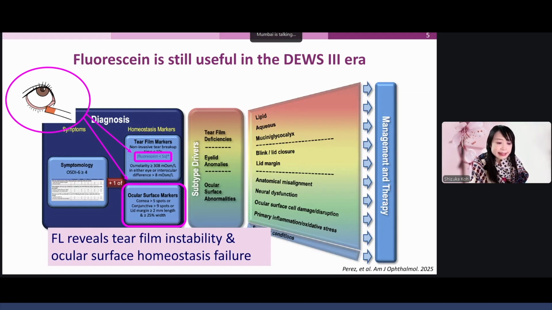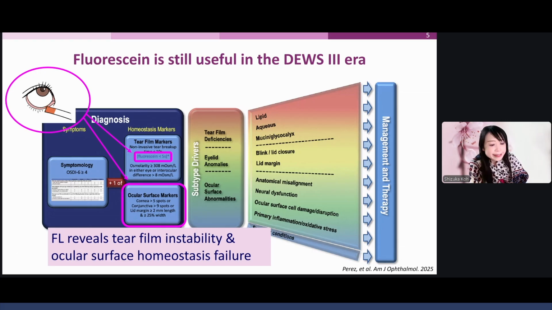Fluorescein staining is also included as an ocular surface marker. So fluorescein stain remains clinically useful even in the DEWS III era.